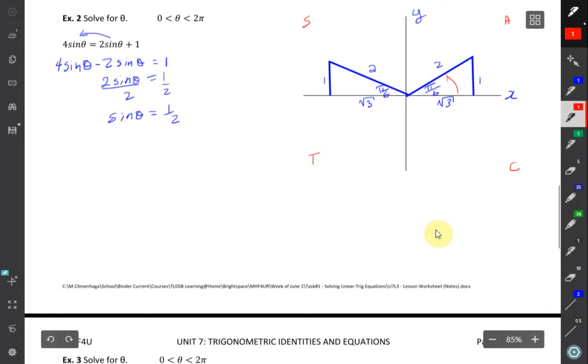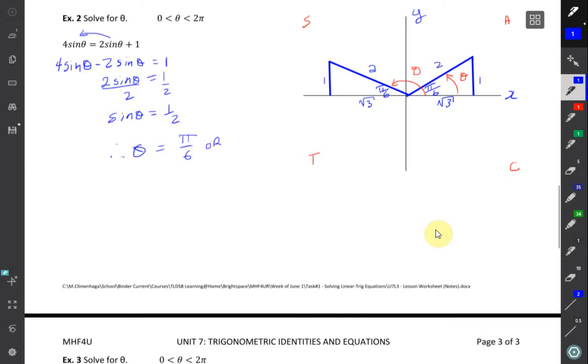So theta is an angle here and here. Therefore, theta equals pi by 6, or 6 pi by 6 would be to this negative x-axis, right? And backing it up 1, that's 5 pi by 6.